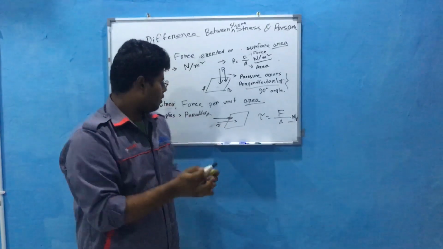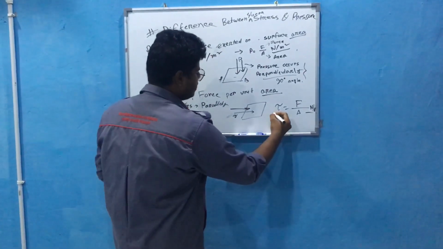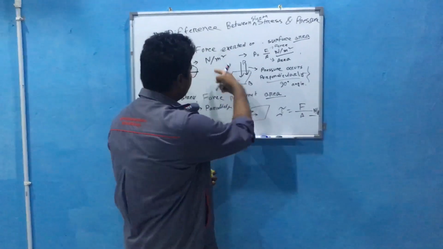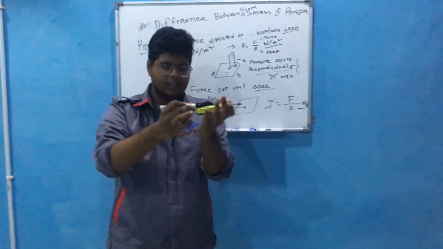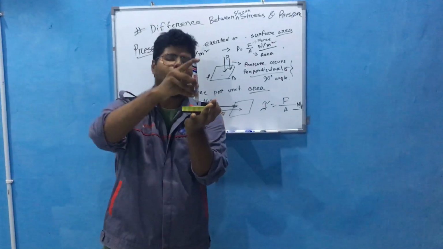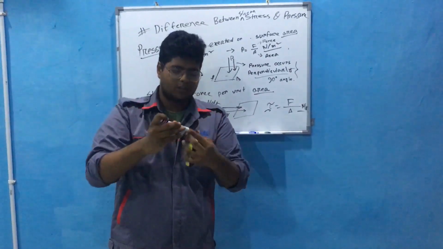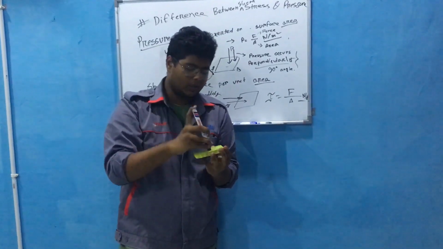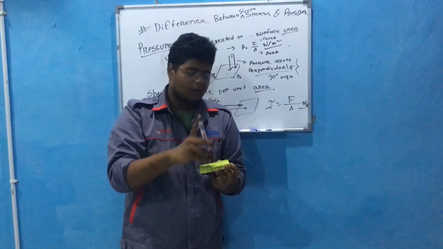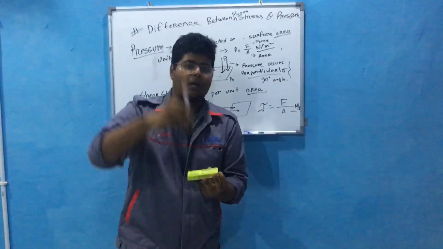We denote shear stress by tau, and pressure by P. So this is shear stress, this is force, and this is pressure. Normally we say that pressure is applied on the surface perpendicularly.